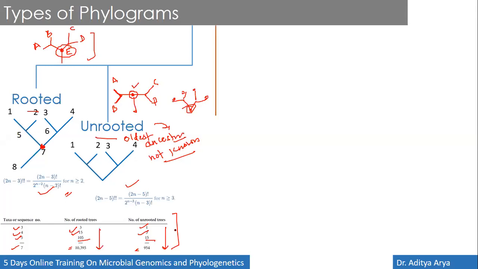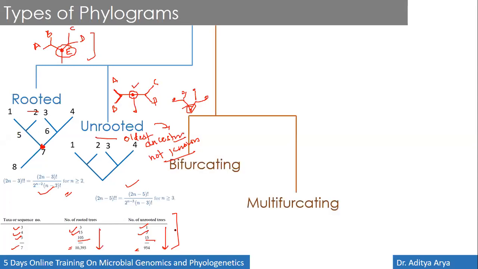Now, another criterion to group them is on the basis of how many branches a tree has. In the tree already shown to you, there may be trees which are called bifurcating. Why are they called bifurcating? Because at every junction, this is a node, you see 2 branches coming out. Branch 1, branch 2. At this junction, you still have branch 1, branch 2.